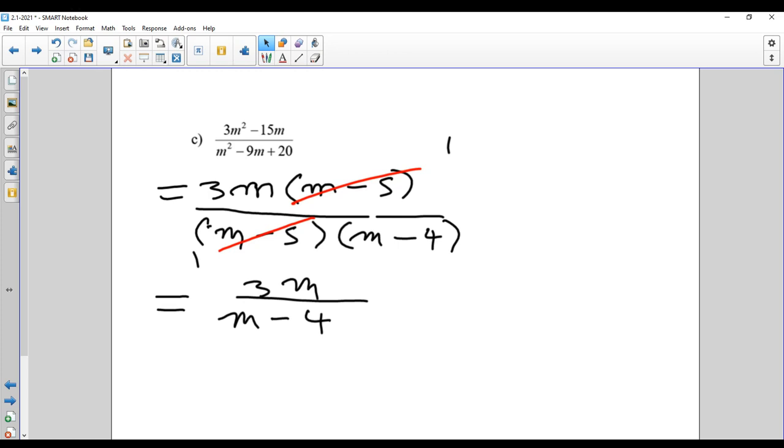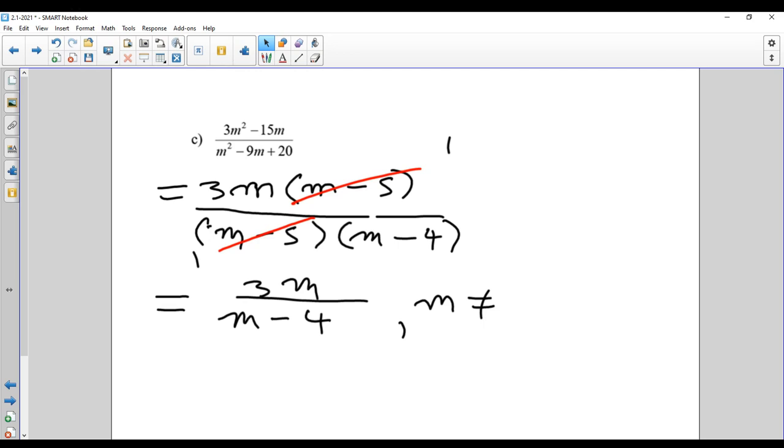The question now for Ashton is, how about restrictions? What causes the problem at the beginning? Not where we are now, but from the beginning. What is it that m cannot be is what I'm really asking. What is it that would cause that denominator to be 0 is what I'm asking you for.